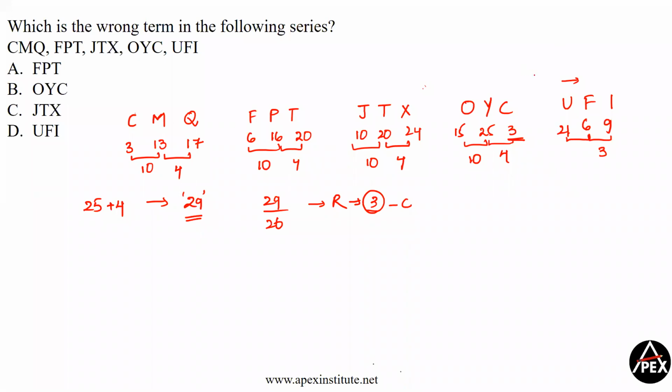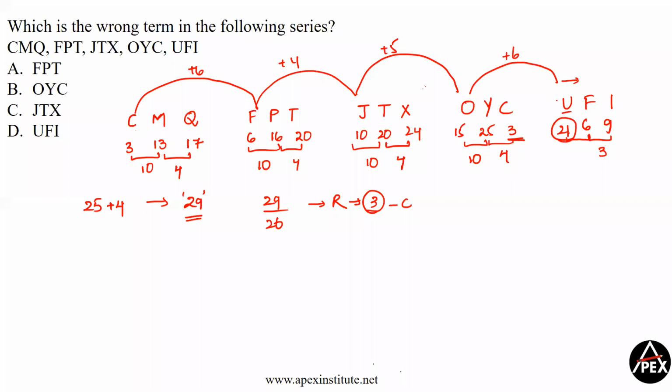So how did I get F here? J, O. Let's see. 3 plus 6 is F, F plus 4 is 10, 10 plus 5 is 15. So the next number should be 15 plus 6, U, 21. Perfect. So this is valid.